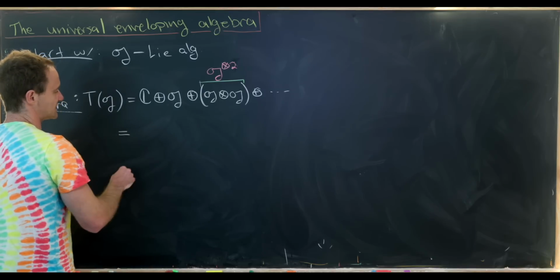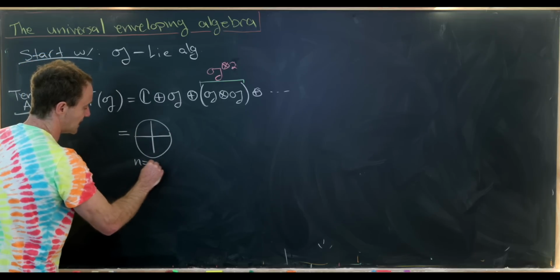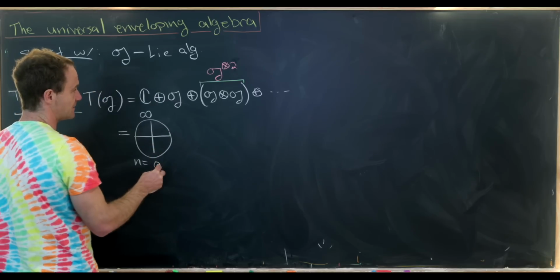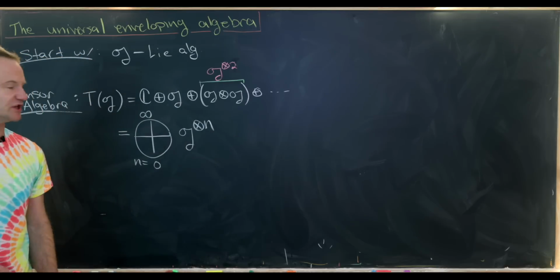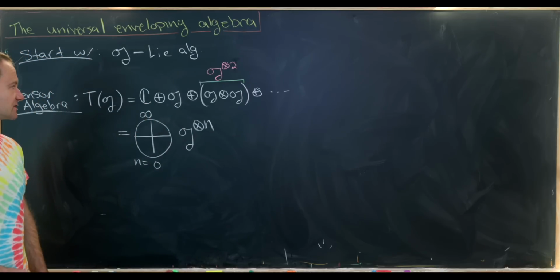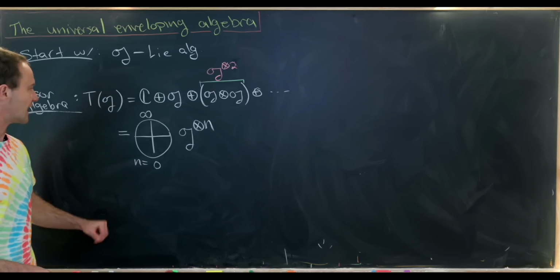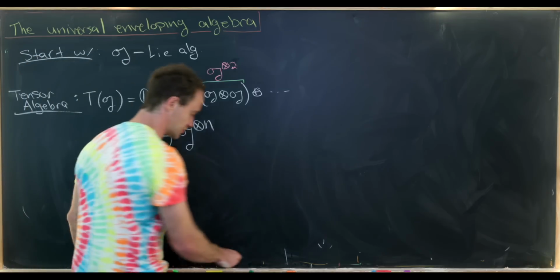So we could shorten this as follows. This could be the direct sum from n equals 0 to infinity of the n-fold tensor product of G, where we take the 0-fold tensor power to be just the complex numbers themselves. Okay, so that's our first thing, is to create this tensor algebra.